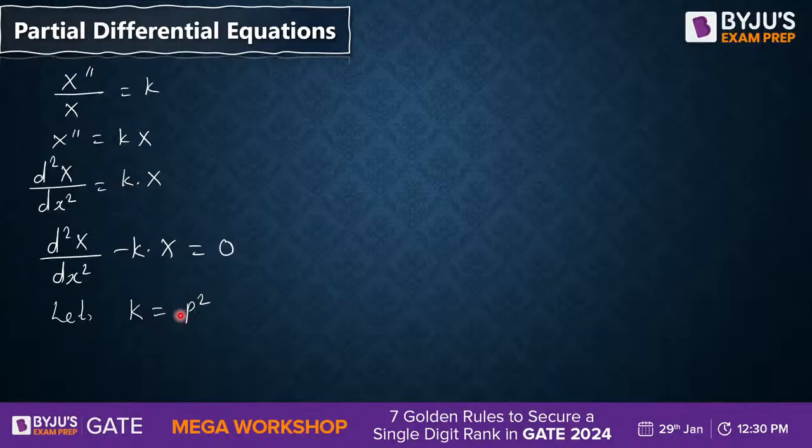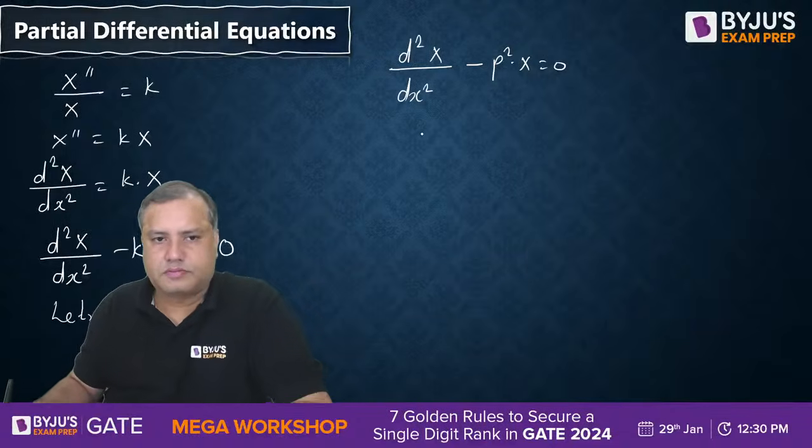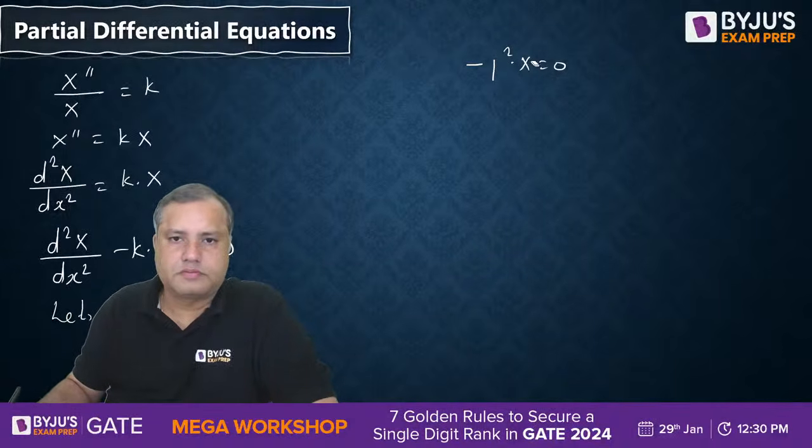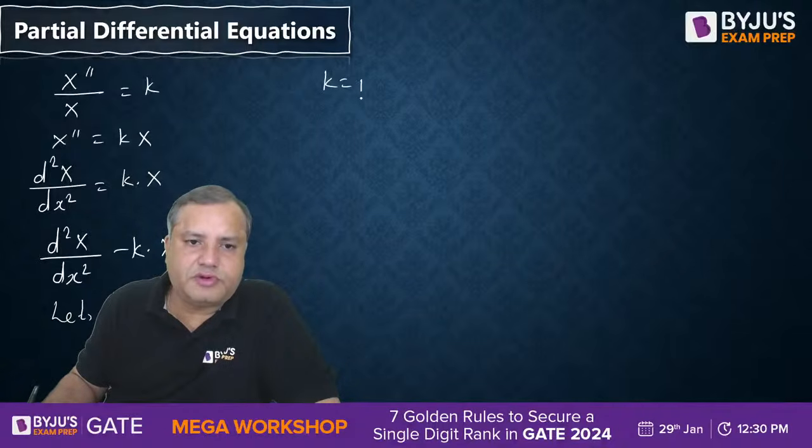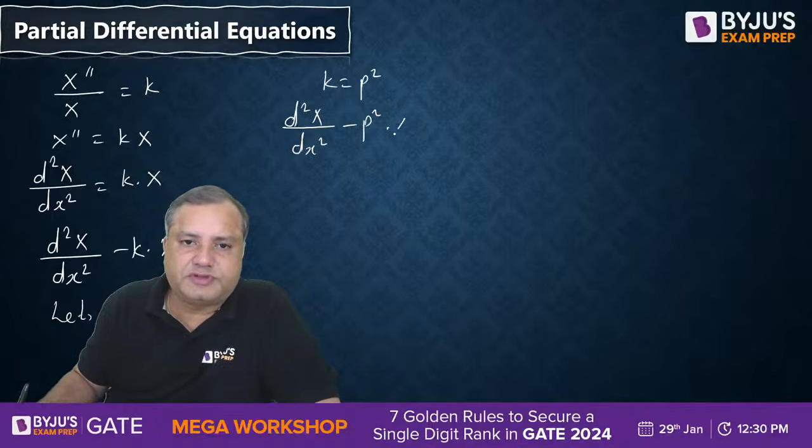If I write k equal to plus p square, then I will get d square x upon dx square minus p square x equal to 0. See, what we are doing, we are putting k equal to p square, so d square x upon dx square minus k, which is p square, x equal to 0.